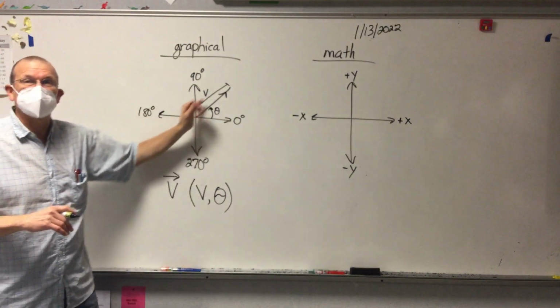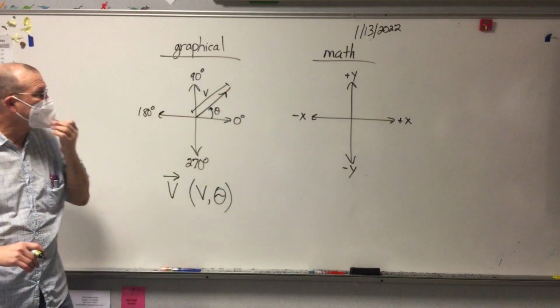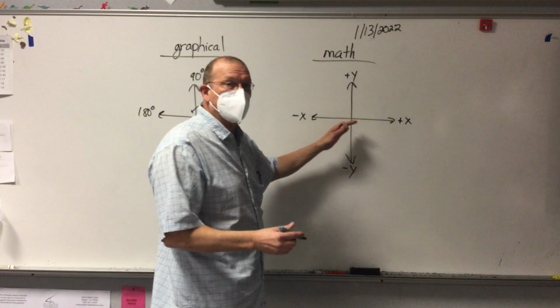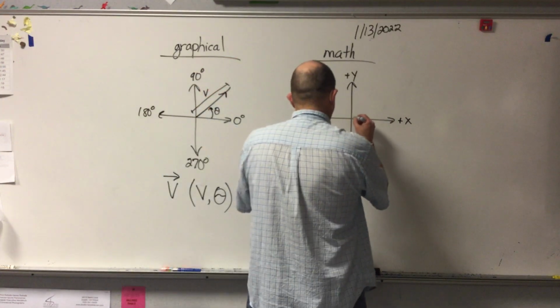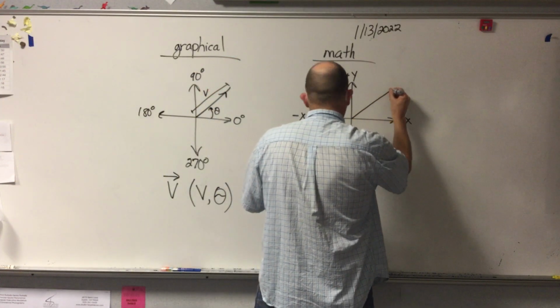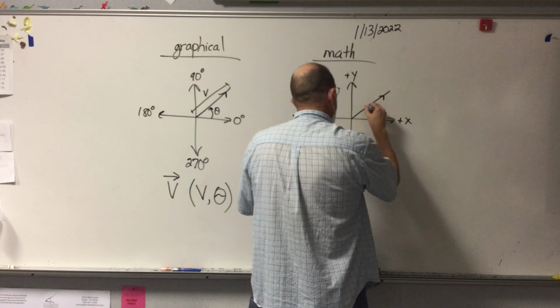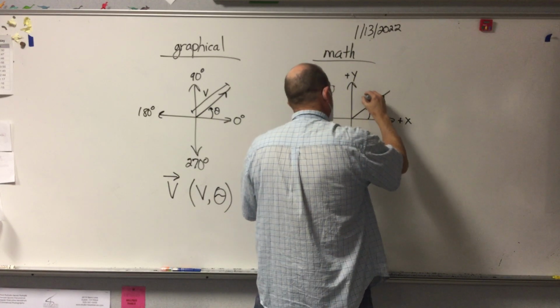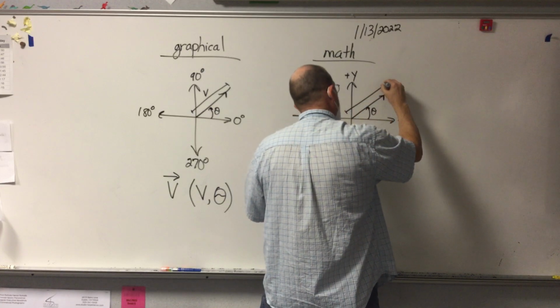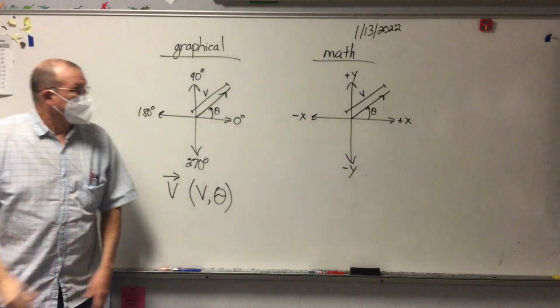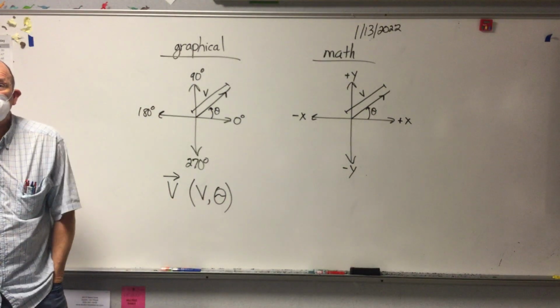This just represents the length or the magnitude of the arrow. So I'm going to come over here and draw the exact same vector. I can draw exactly the same thing.